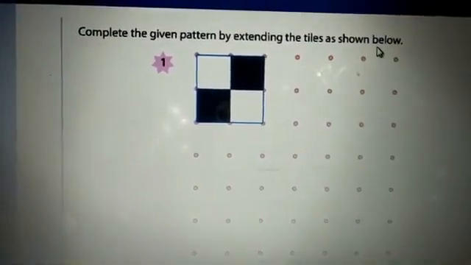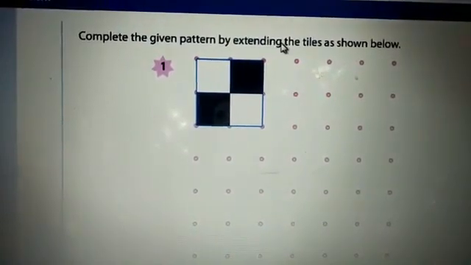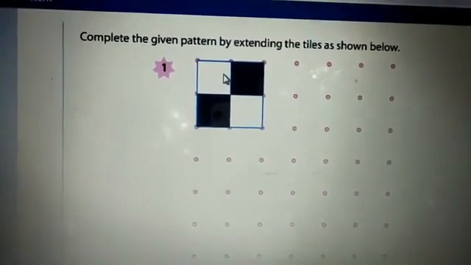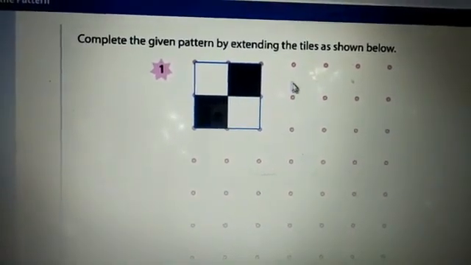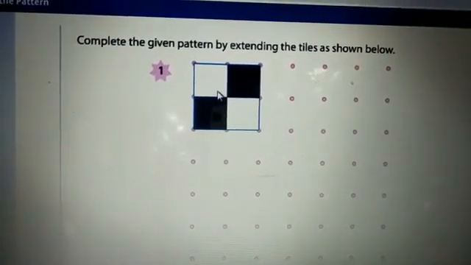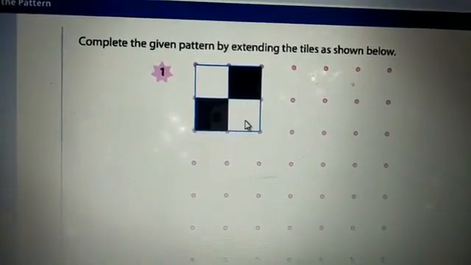This is your next exercise. Complete the given pattern by extending the tiles as shown below. So we need to draw the same square and give the color like white, black, white.